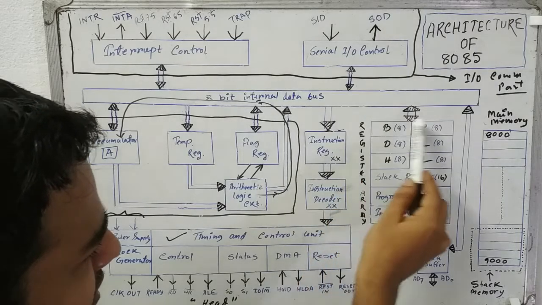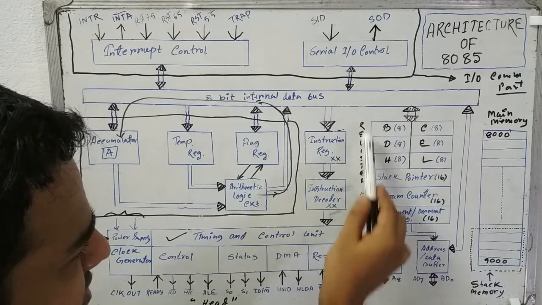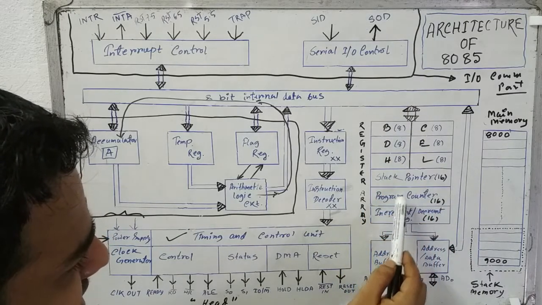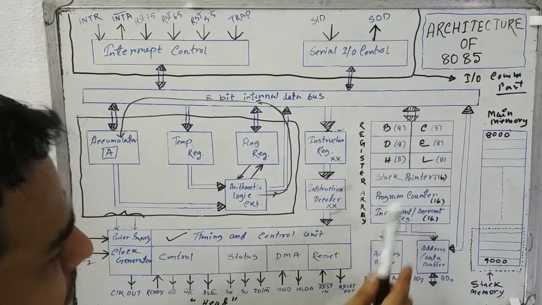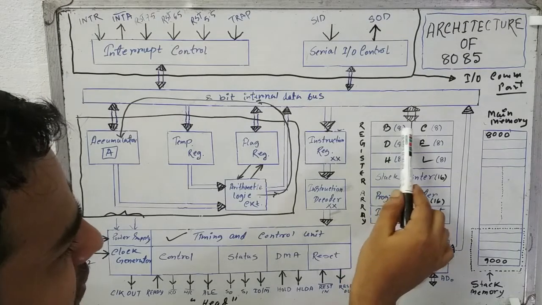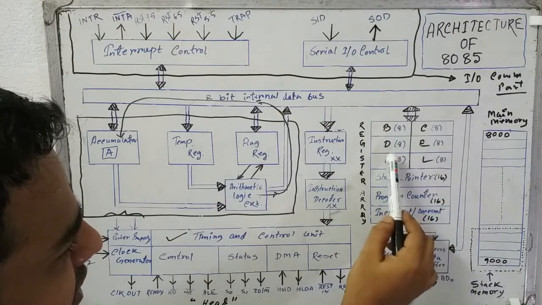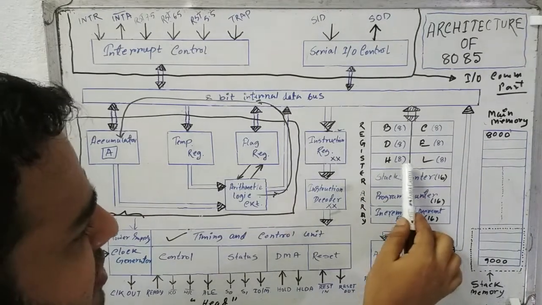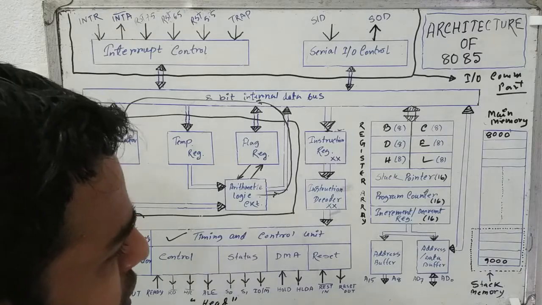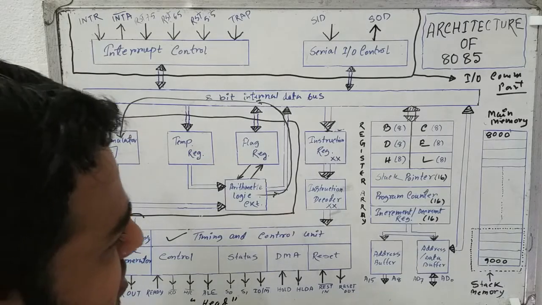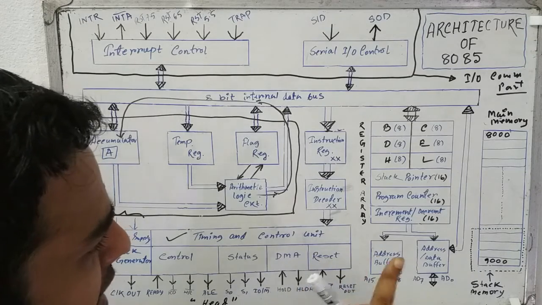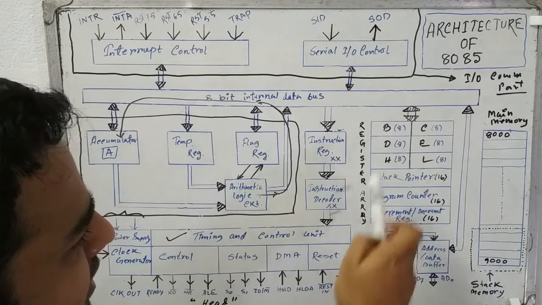As you can see, this whole block is a register array, and so many different types of registers exist over here. Let's first discuss the first 6 registers. These first 6 registers B, C, D, E, H and L are all 8-bit registers. That means each can store 8-bit data or 1 byte of data at a time.